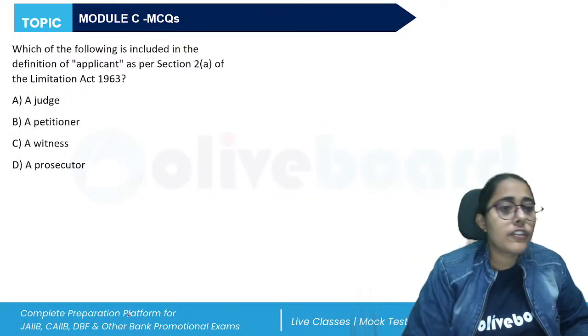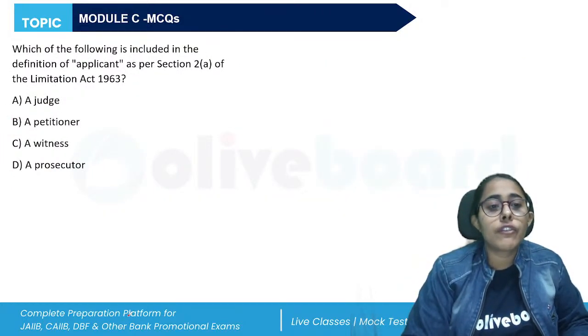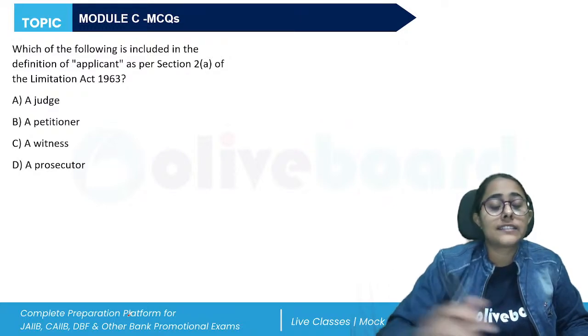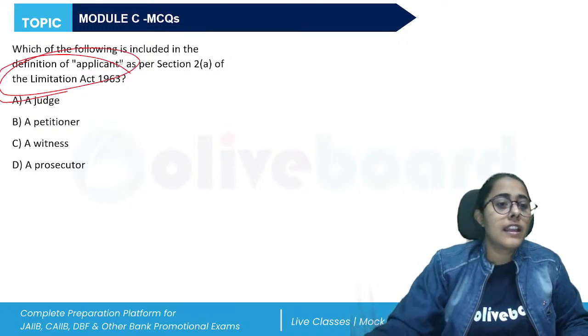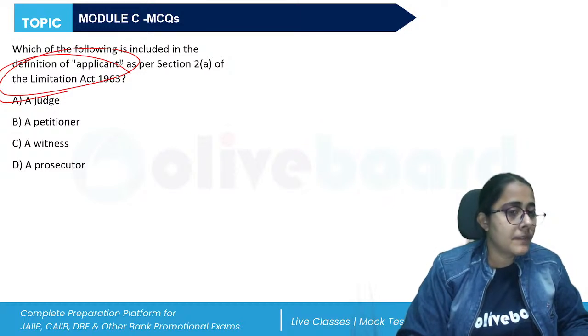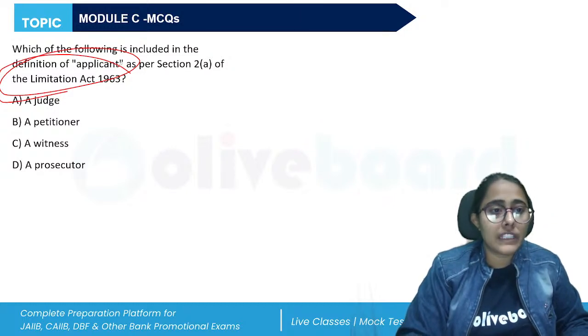All right, for the consumer grievance redressal. Next, which of the following is included in the definition of applicant as per section 2A of the Limitation Act of 1963, a very important act, the Limitation Act. So as per section 2A of the Limitation Act, which of the following is included?